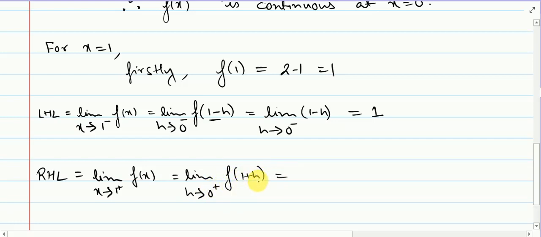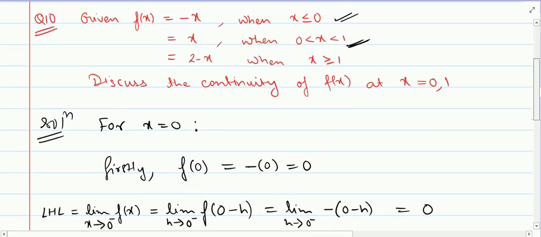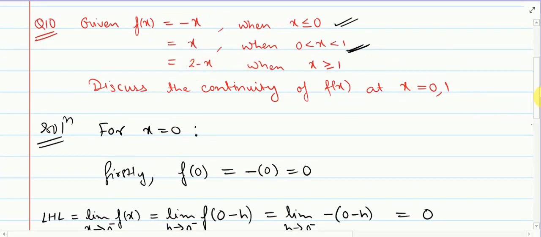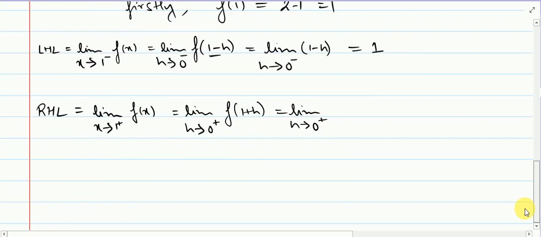Now this is 1 plus h, which means greater than 1. So for greater than 1, your function is defined as 2 minus x. So here you'll get 2 minus, this whole thing is like x for you. If you put h equal to 0, you are getting a definite value, that is 2 minus 1.